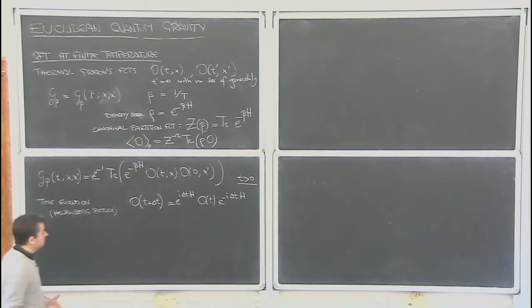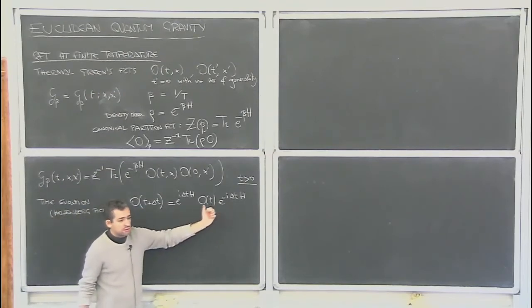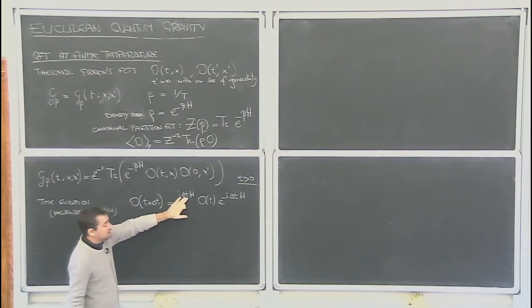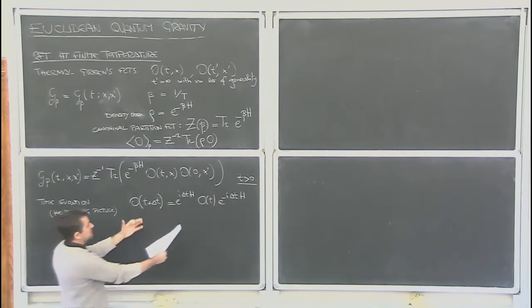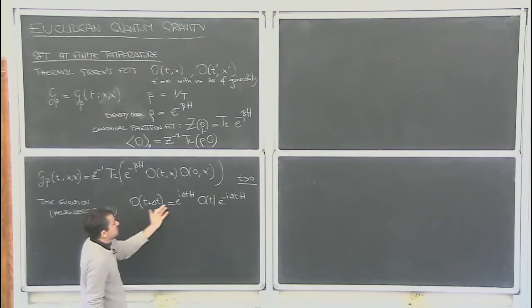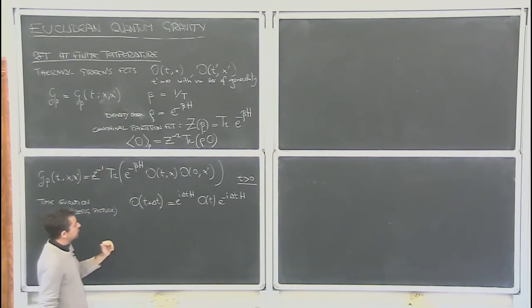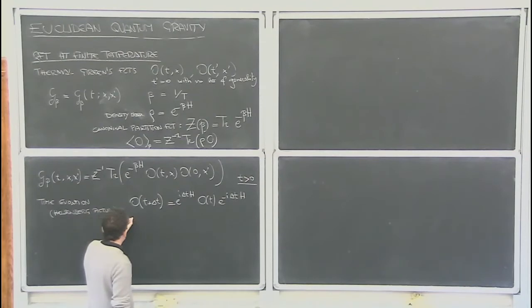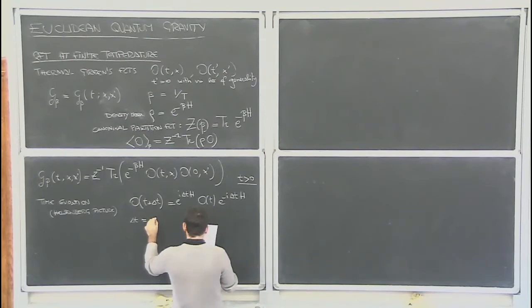Okay, so now we can do a formal trick. We can perform an analytic continuation of this time evolution by assuming that delta t is imaginary. It's something that can be done if there is no particular reason why it should not be possible a priori. So we can make this assumption that we can take delta t to be i times beta.